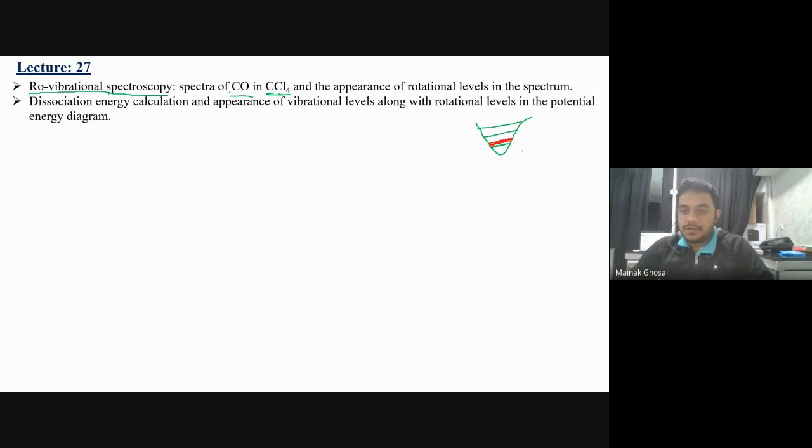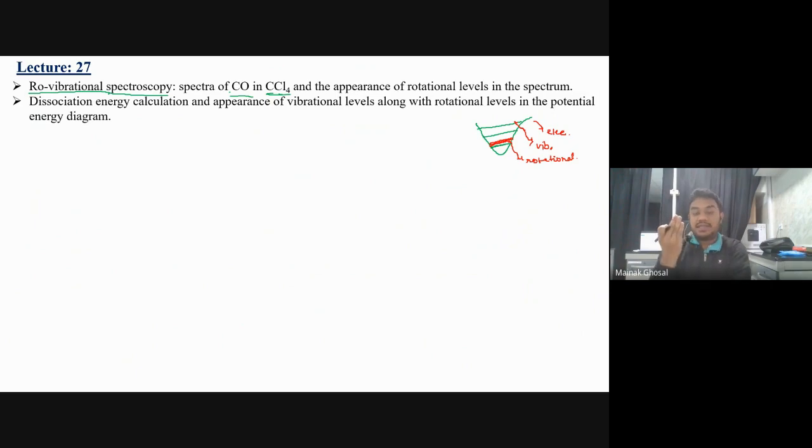So this is the electronic level, these are the vibrational levels, and these are the rotational levels. Electronic levels consist of a very large number of vibrational levels, and these vibrational levels consist of rotational levels. So in electronic spectroscopy, you can actually get the vibrational energy level positions of a molecule.